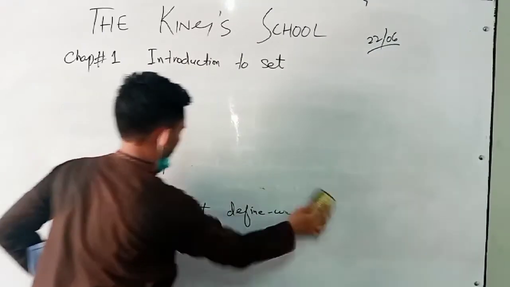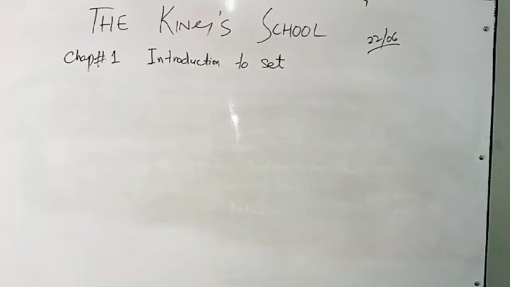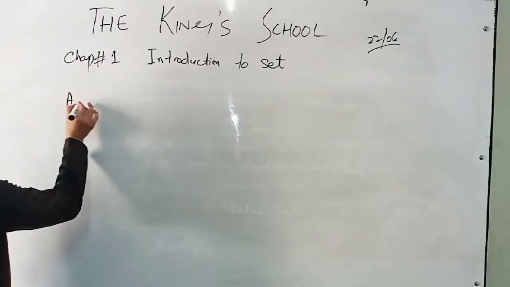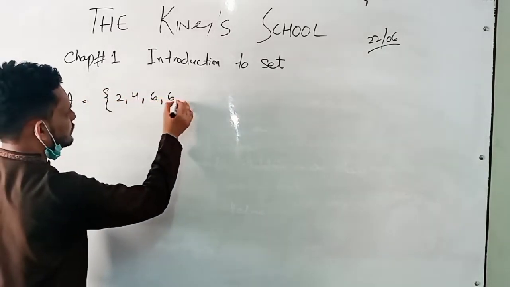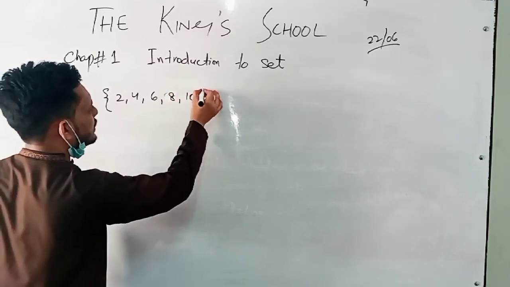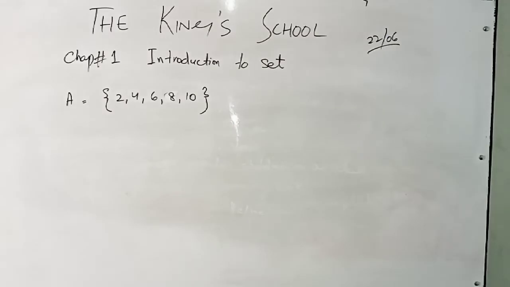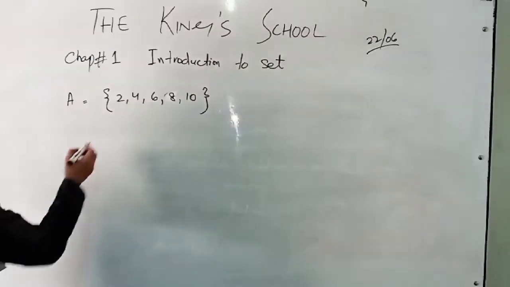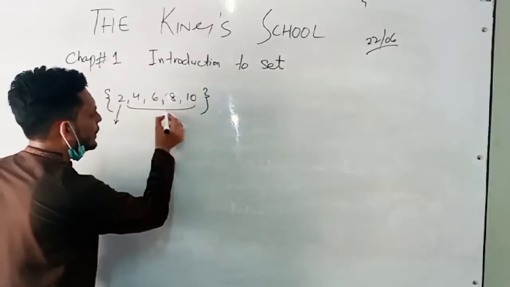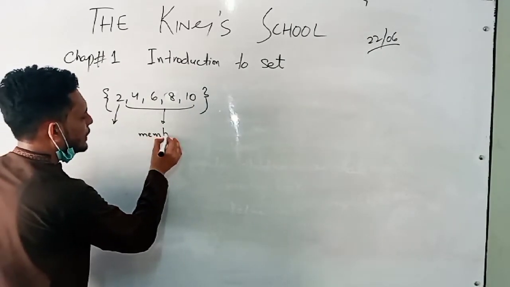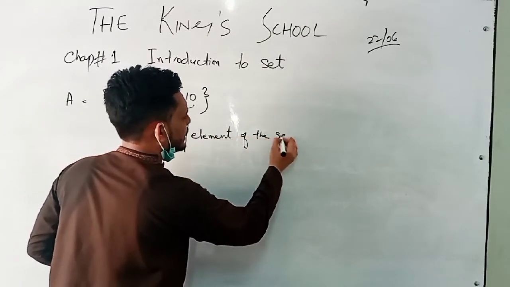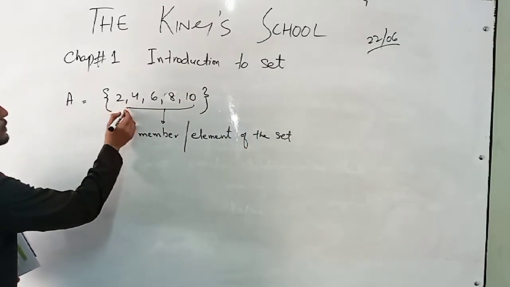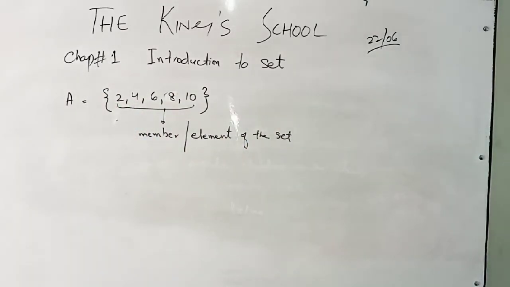Now move towards a set. For example, A is a set of even numbers less than 12. So I can say that 2, 4, 6, 8, 10 are all members or elements of the set.